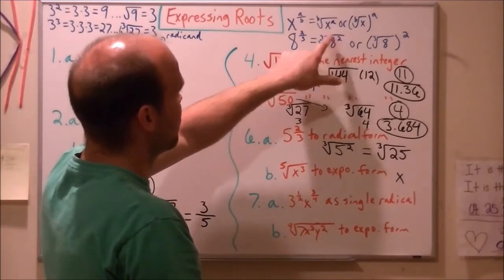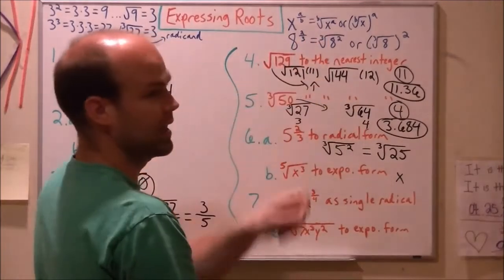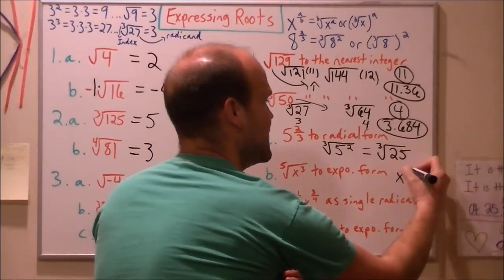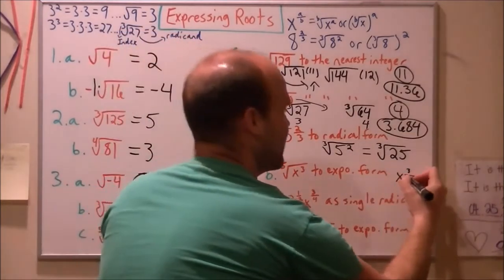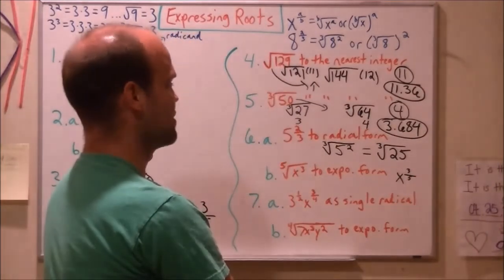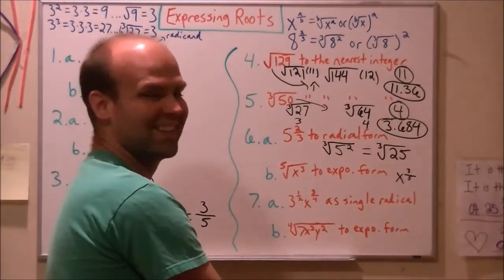Whenever the exponent under the root is my numerator, the root power is my denominator when I turn it into exponential form. So the 3 is going to be on top as a power, and the 5 out here is going to be on the bottom. So it's x to the 3/5 power. I like that, don't you?